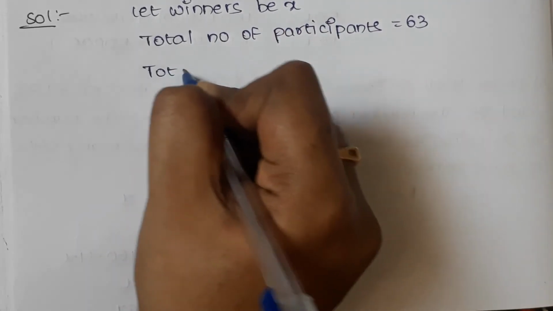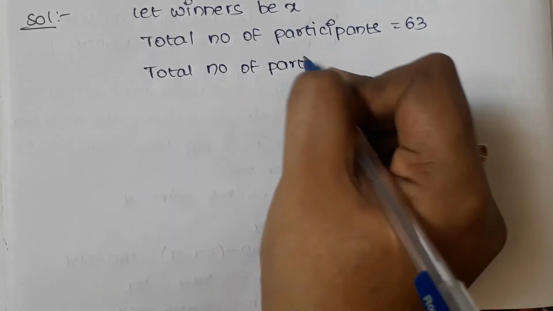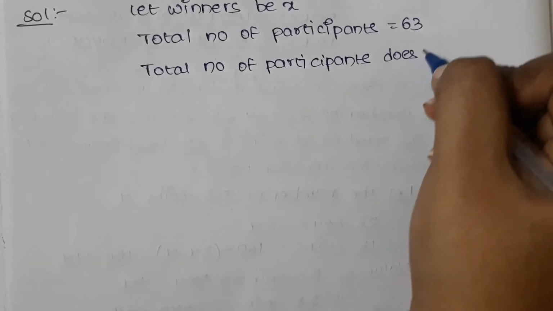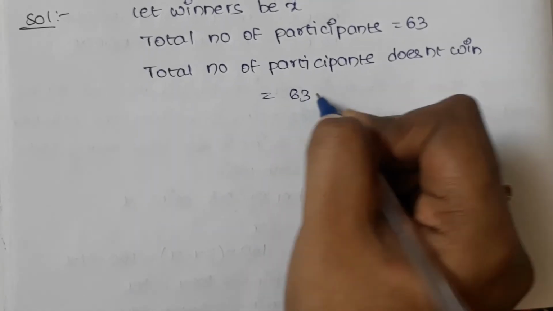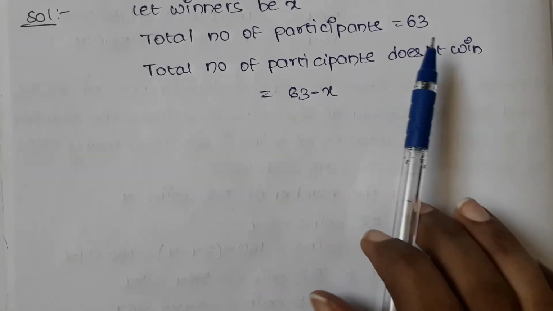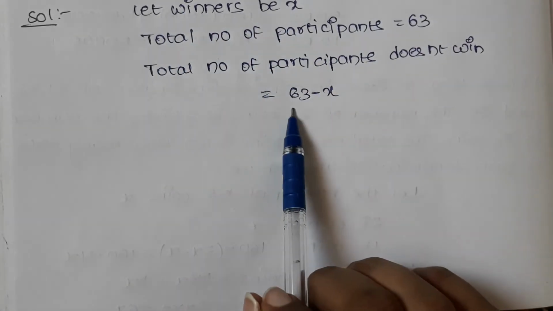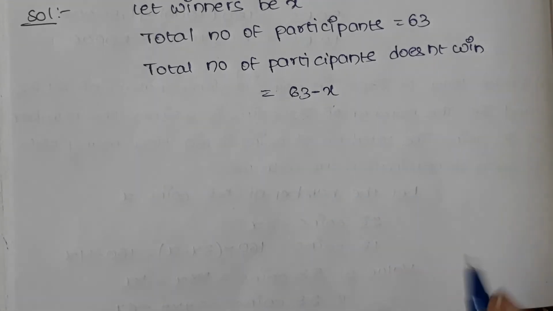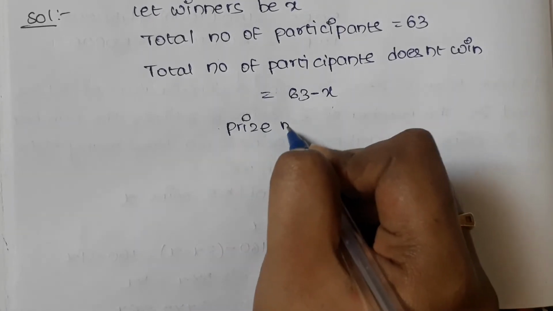And now the number of participants who do not win is 63 minus x, that is the total number of participants minus the number of winners. Now the prize money distributed is 3000.